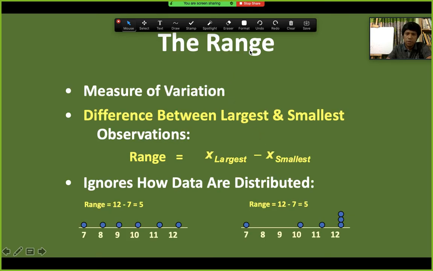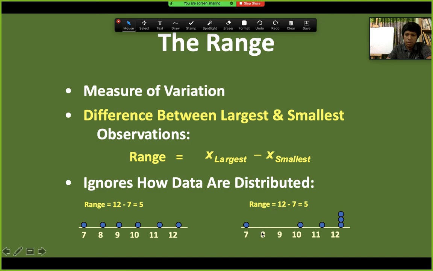The range is one of the very common measures of variation. We just take the maximum minus the minimum, and that is the range of the data. In this case, maximum is 12, minimum is 7, so we get the range as 5.